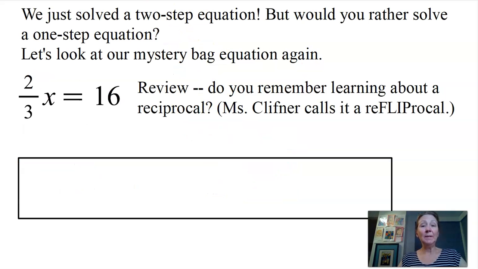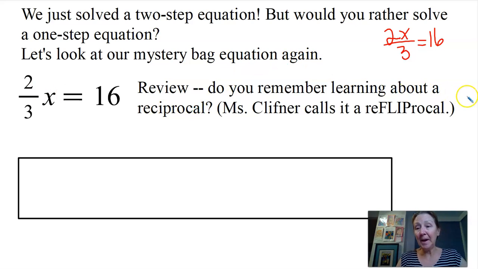Now I want to show you the same thing. Well, what if we didn't change the equation, right? We changed it so that it was 2x divided by 3 equals 16. What if we go back to the 2/3 x? So remember, there's this thing called a refliprical, and that's when you flip a fraction upside down.